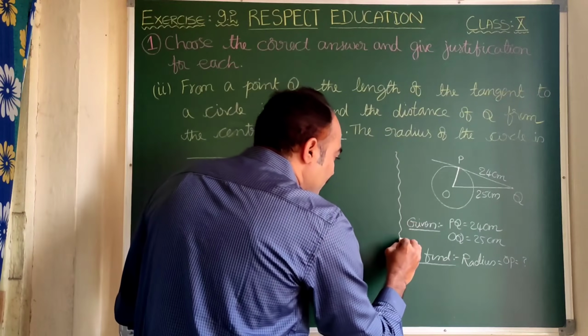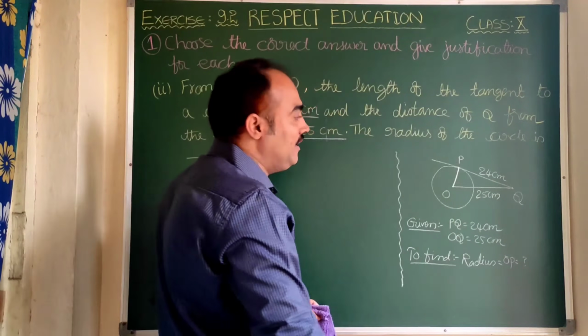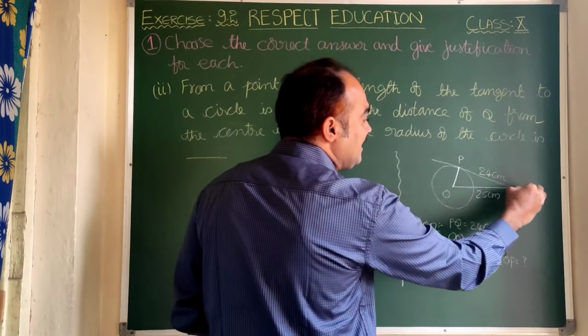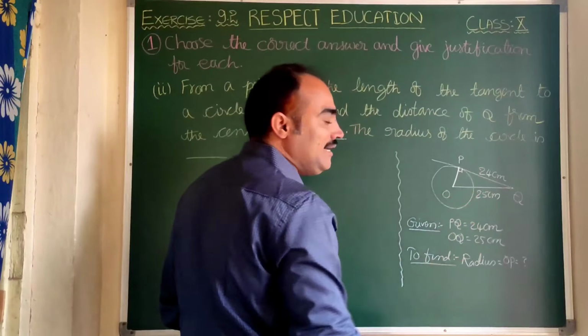Now, as we know, the angle between the radius and the tangent at the point of contact is 90 degrees.